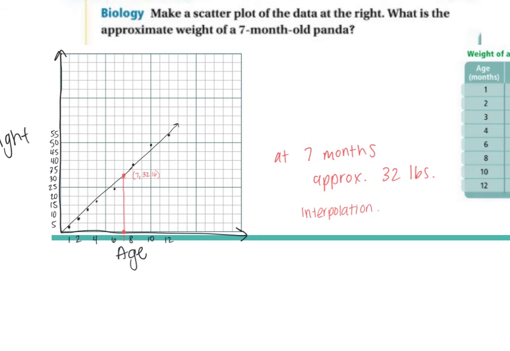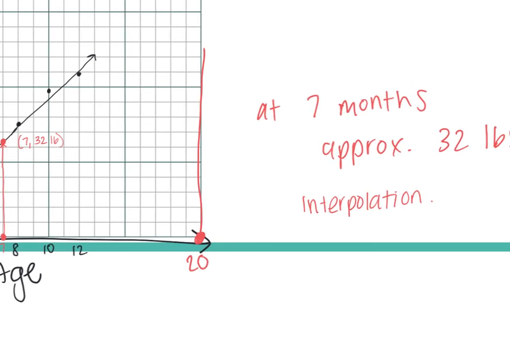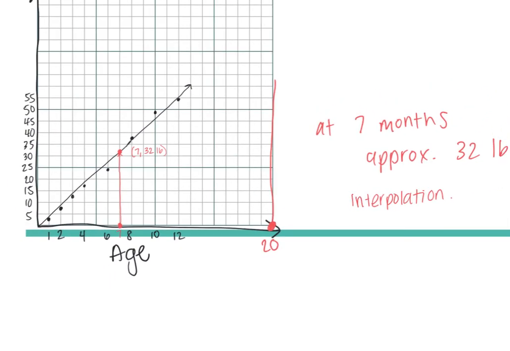Because 20 months is out here, past 14. We would have to go all the way up here. That's outside of our data, outside of the points that were given. 7 is between 6 and 8, and we were given 6 and 8, right? 7 is between some of our points. So 7 we can predict, and it's interpolation. Extrapolation would be if we were to find the weight at 20 months.